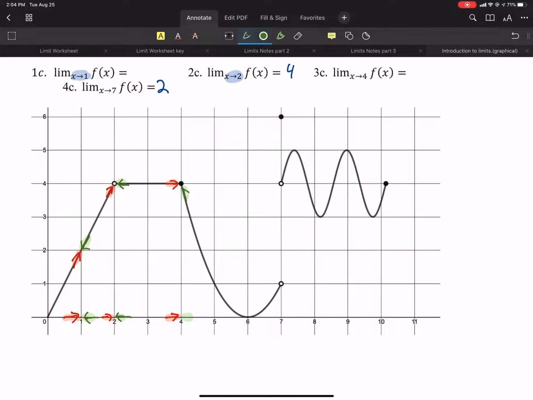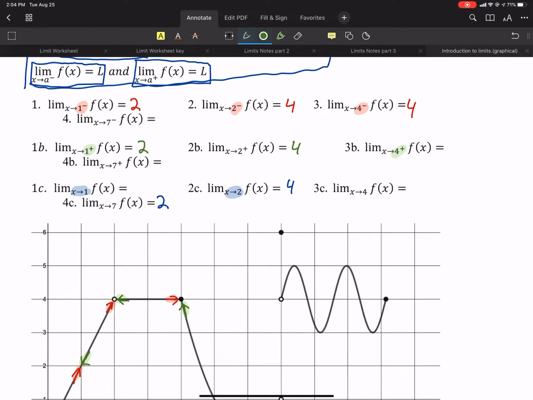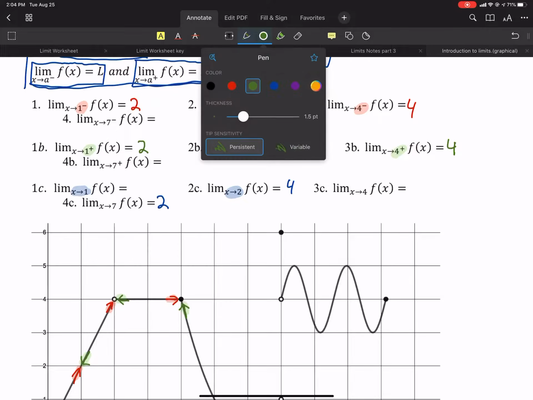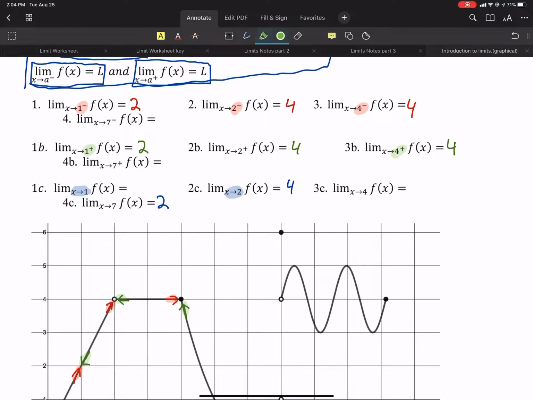So I have to see what the y value gets close to. And as I approach, the y value is close to 4. So again, the limit from the left and right both equal 4. Therefore, at 4, the limit is 4.